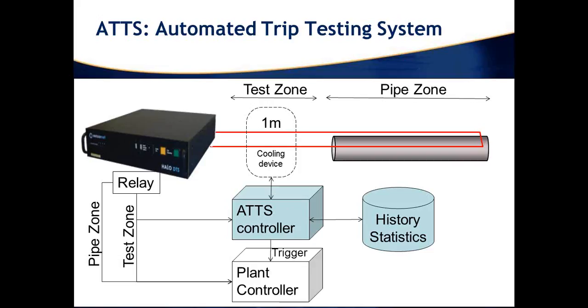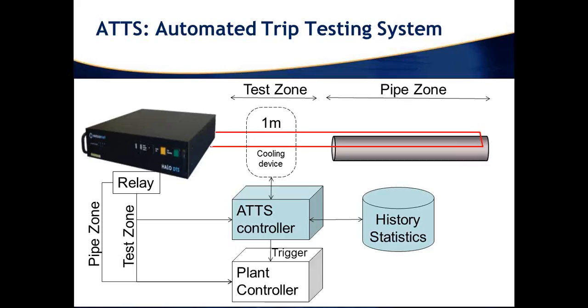So the chemical plant controller knows when a test is underway, and at the same time it receives the alert from the relay module. So one of the relays will be configured to trigger if the leak is detected in the test zone where the ATTS is placed, and a different set of relays will be used for zones of the real pipeline.